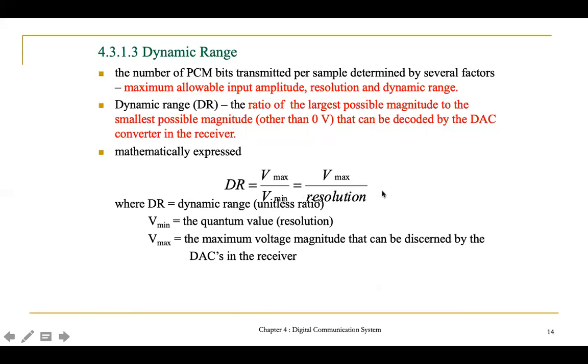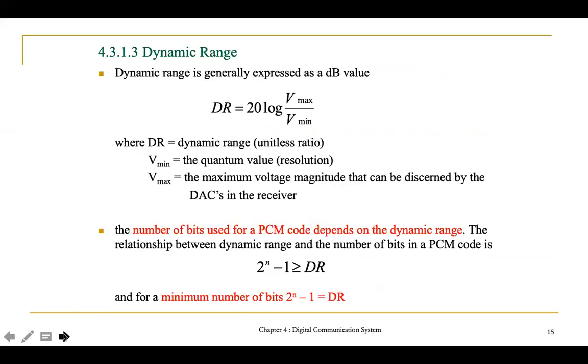Okay, resolution is delta V. And this dynamic range is usually expressed as dB value in decibel. So if you want to convert the dynamic range into decibel value, as like always, you need to multiply with 20 log.